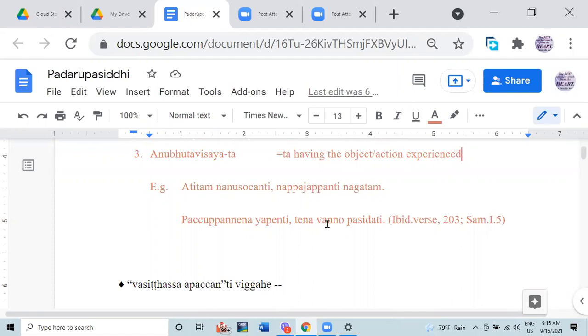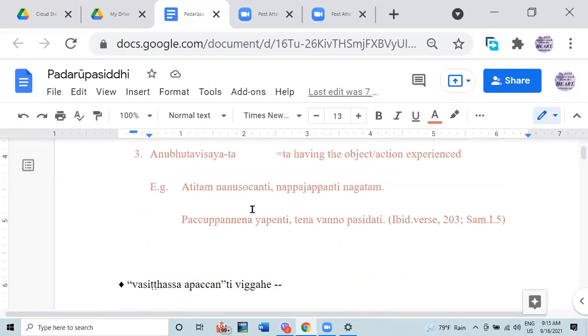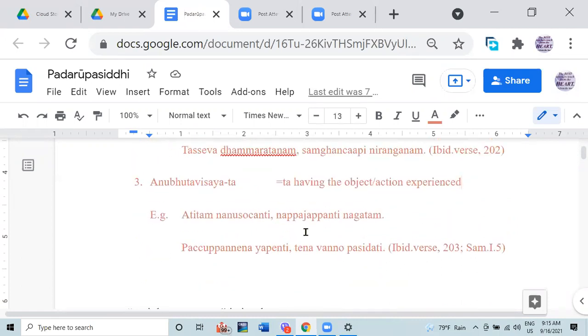In fact, you already learned this. So the word which refers especially to the action that has been mentioned or experienced before, the action that appears in the preceding sentence, or maybe paragraph, mostly sentence. So this refers to a verb, an action.